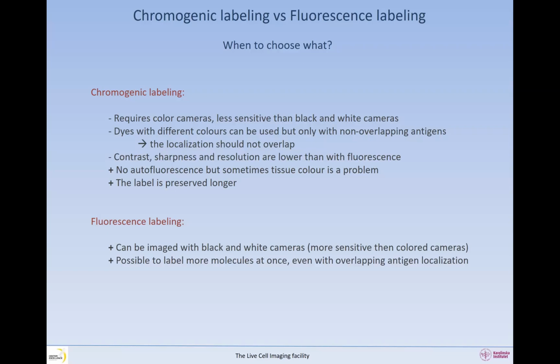So you are not restricted by having to have different localizations of your antigen. You will always get a better contrast in your sample, better resolution. But unfortunately, autofluorescence is a problem.